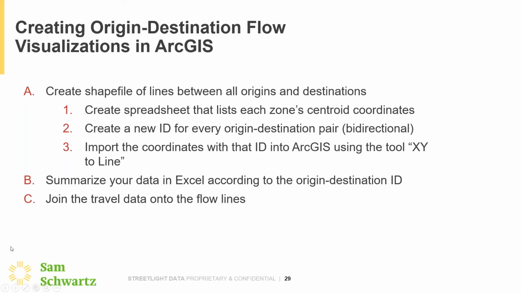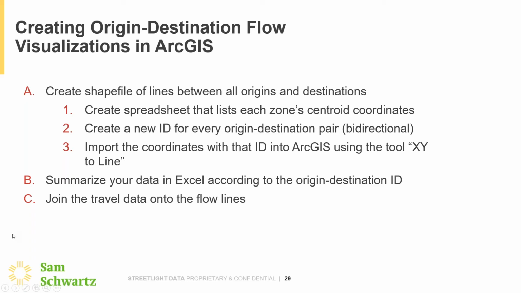And these are the step-by-step instructions that can generate these flow maps if you're interested in pursuing this. Essentially, you need to create a spreadsheet that has first the coordinates of each of your analysis zones, and then you identify your flows as being a pair of analysis zones, so from zone A to zone B, for example.